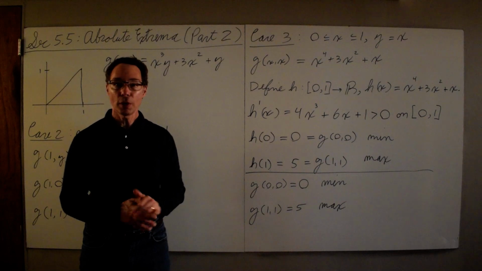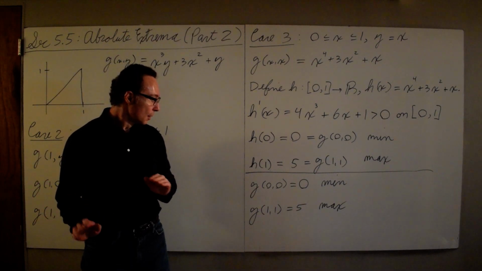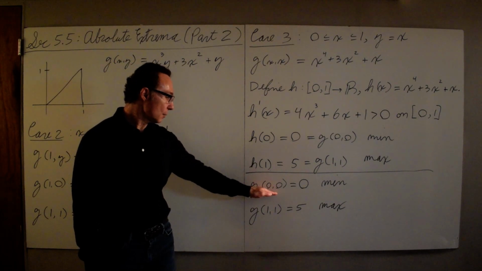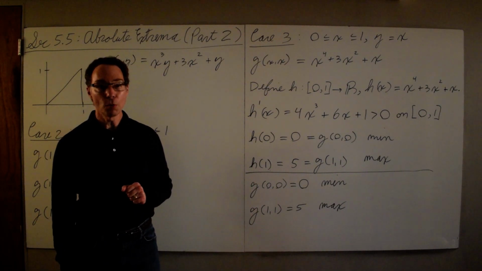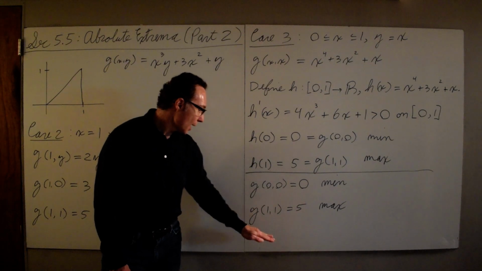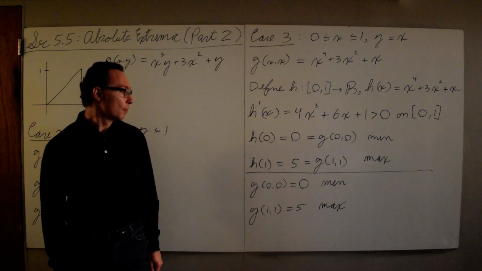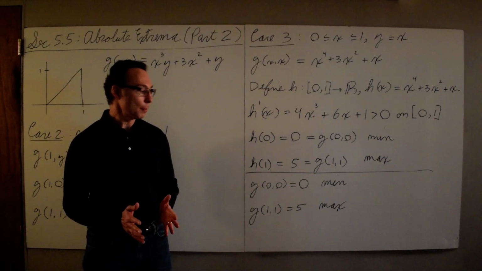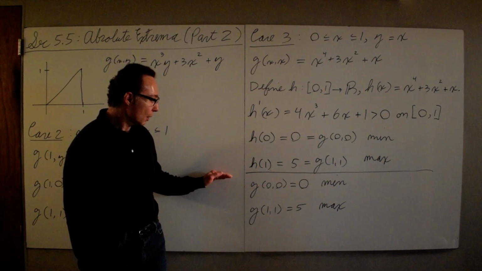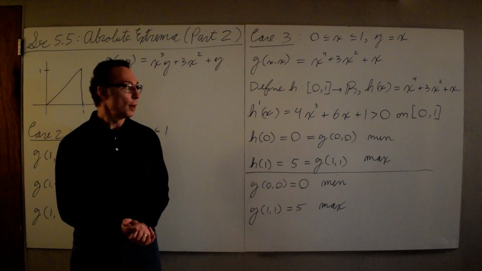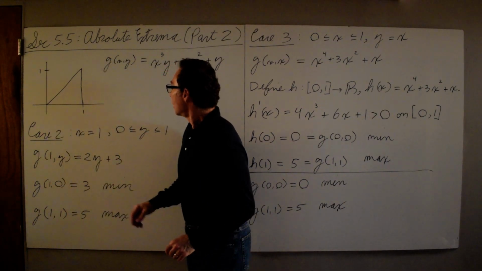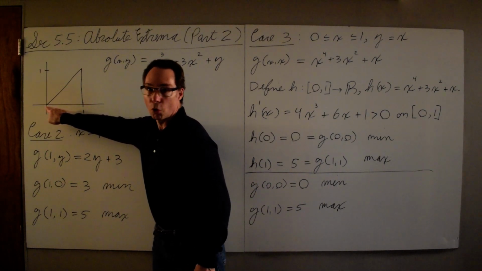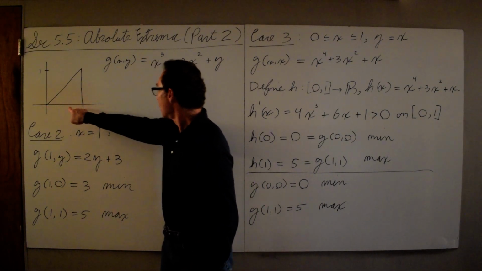Now we put all three of our cases together. The smallest value that we found was 0, and we found that at (0,0). The largest value we found was 5, and we found that at (1,1). Now, what you've probably noticed is our cases overlapped. We found the 0 and we found the 5 in more than one case. That's because when we look at our boundary here, we tested the corner points twice.